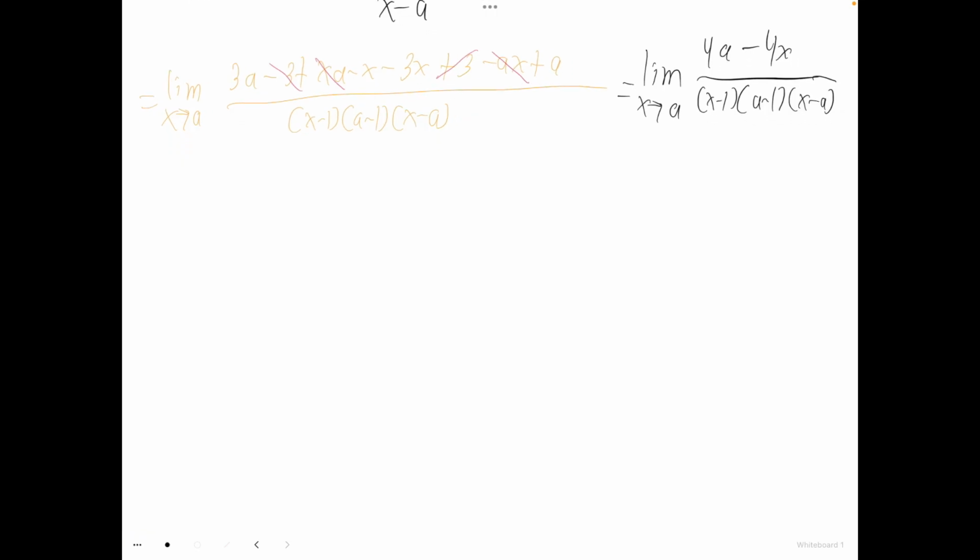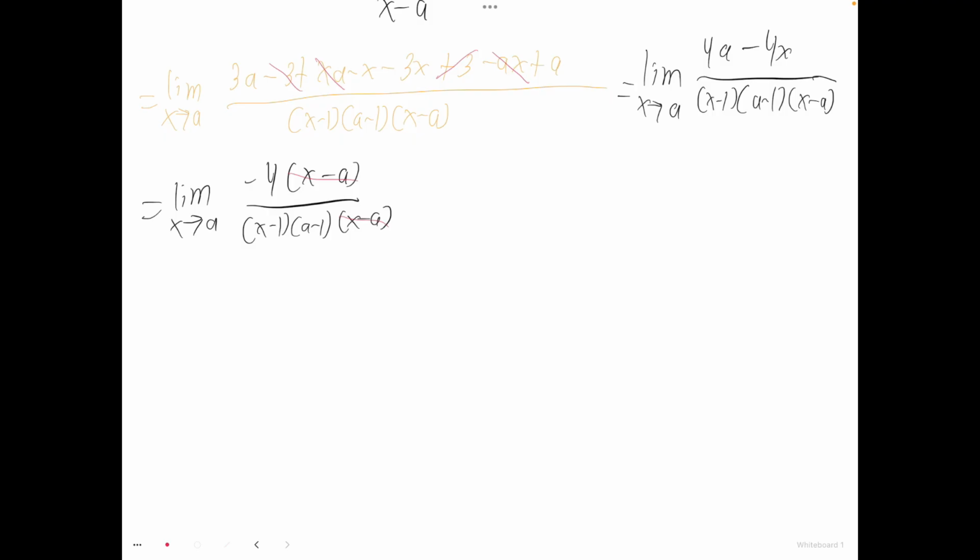So now notice I can factor a negative 4 out on the top. So factoring a negative 4 out, we are going to have negative 4 times (x minus a). And I picked negative 4 because I wanted x minus a to show up. We've got (x minus 1) times (a minus 1) times (x minus a).